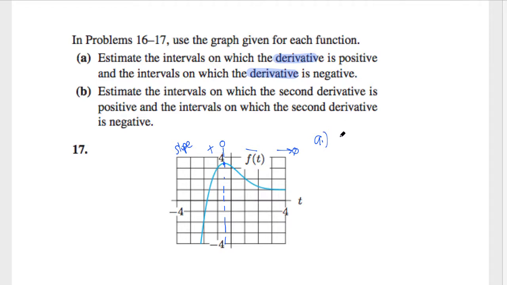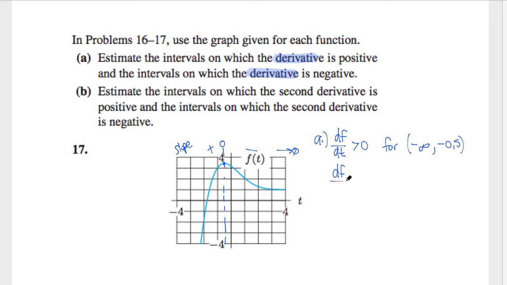So for A, our derivative is positive for the interval. So let's say, this is the first derivative. So we'll say df/dt is positive for our interval from negative infinity to approximately negative 0.5.